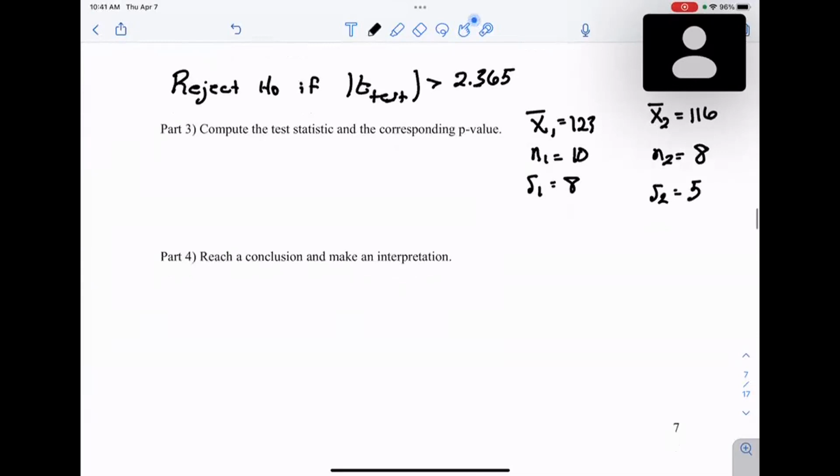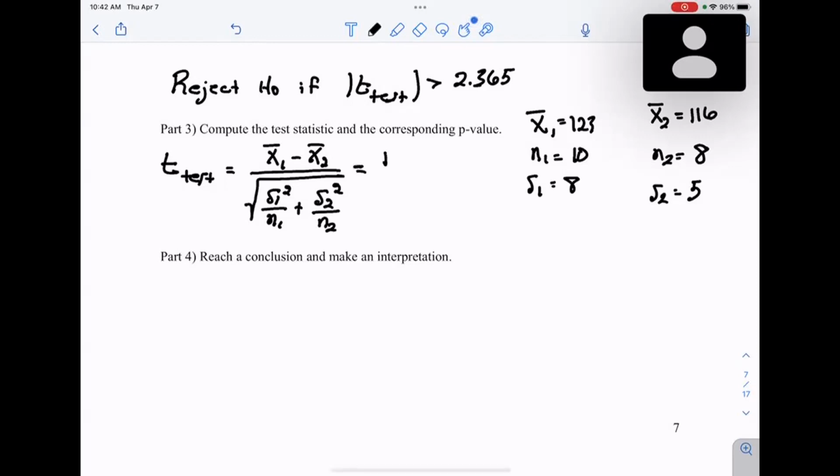Then plugging that into the test statistic formula, you have t is equal to x1 bar minus x2 bar divided by the square root of S1 squared over N1 plus S2 squared over N2. So just plug all those in.